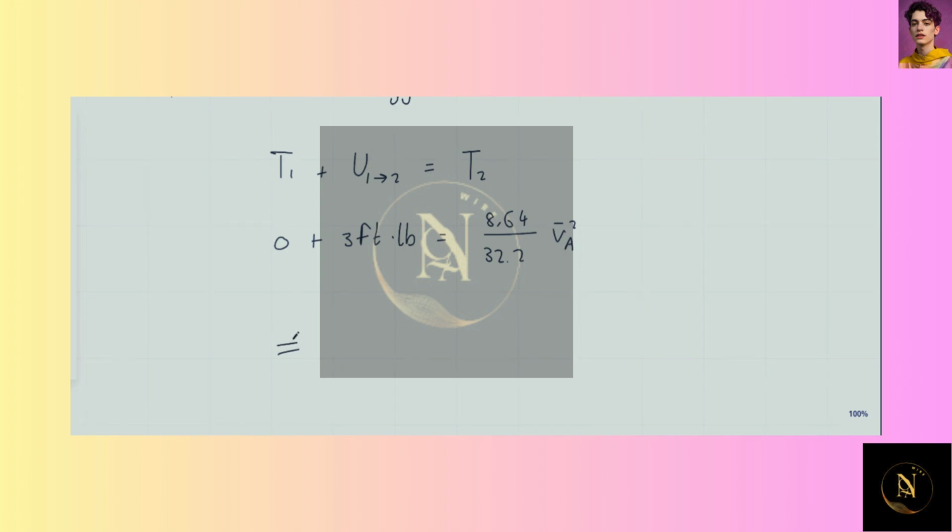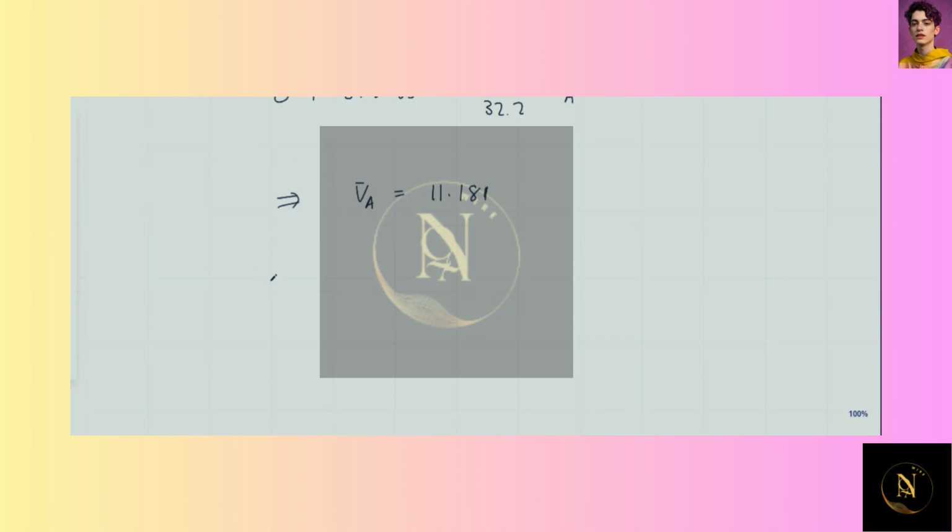And hence we get VA squared to be 11.181, and so vector VA is equal to 3.344 feet per second, and that's the velocity of the cylinder, and that's to the right.